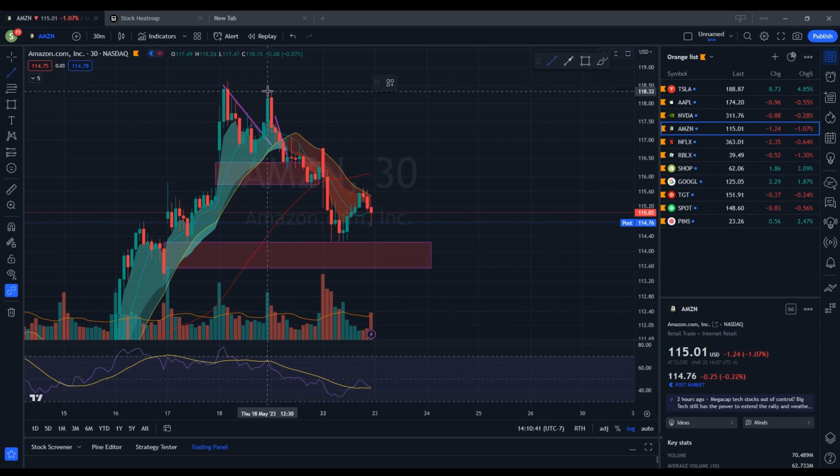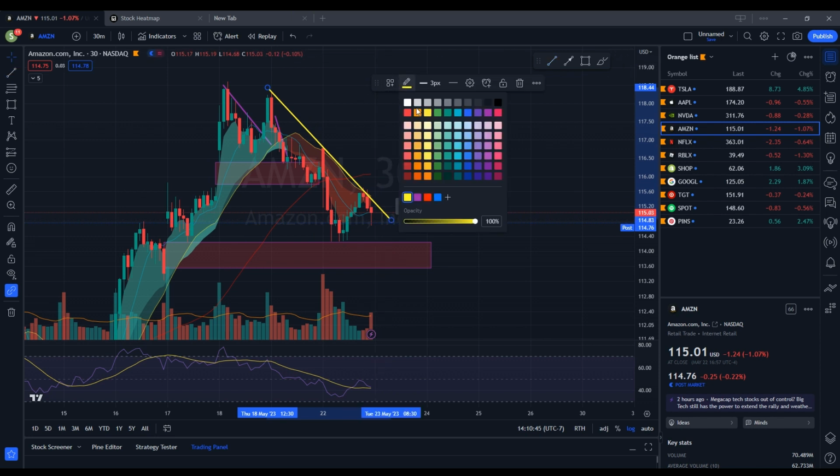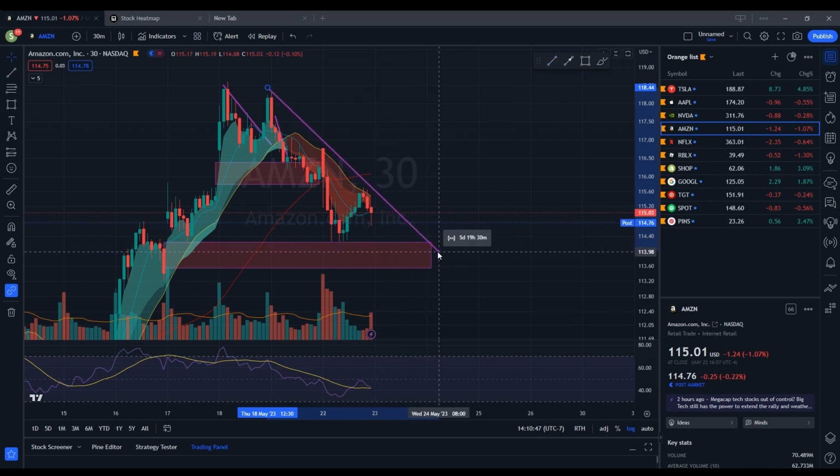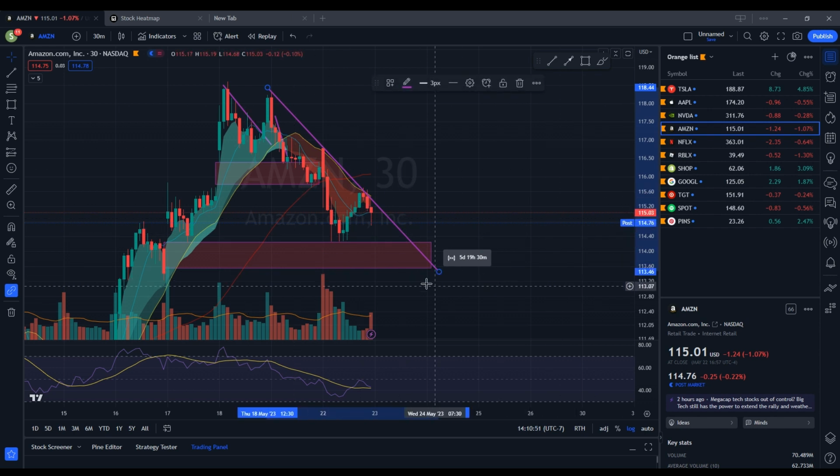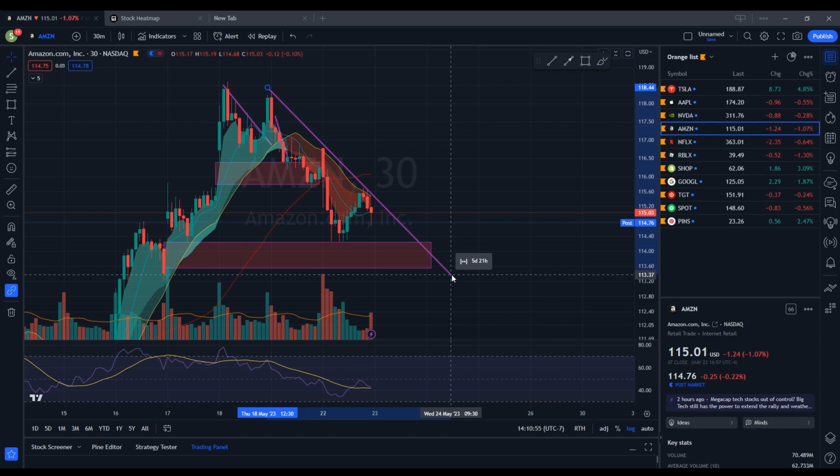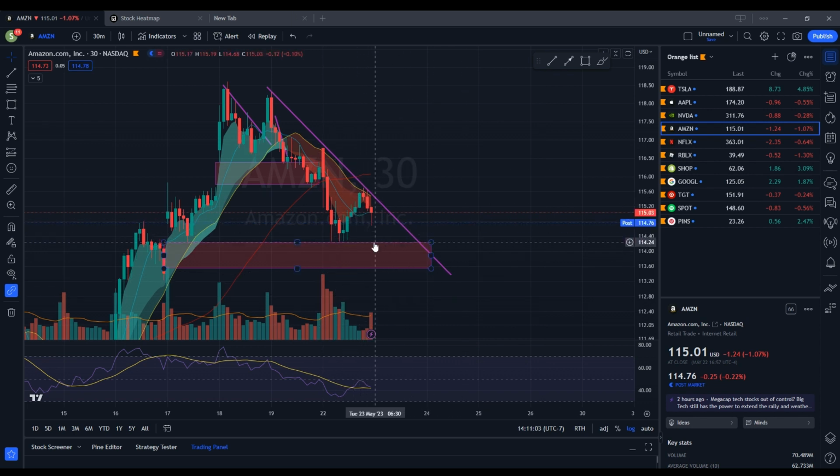What you can also do, if you want to play the uptrend, is play this trend line here. I'll make it further out, just because if it does potentially move, you guys can play a little bit like that. You can even do your triangles or trend line like that. If it does hit this area, watch for a potential bounce.